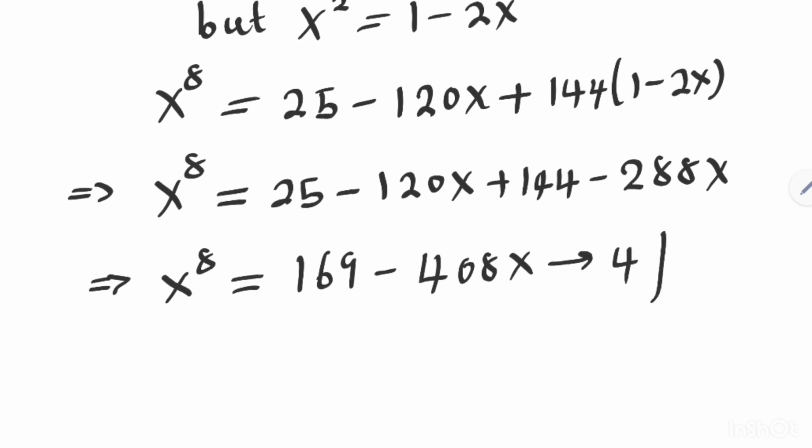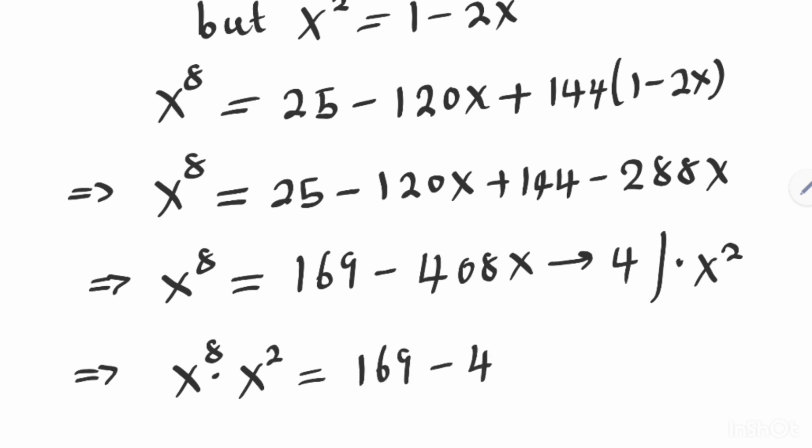Now let us multiply the whole of this equation 4 by x squared. This is the same thing as x raised to power 8 multiplied by x squared is equal to 169 minus 408x multiplied by x squared.